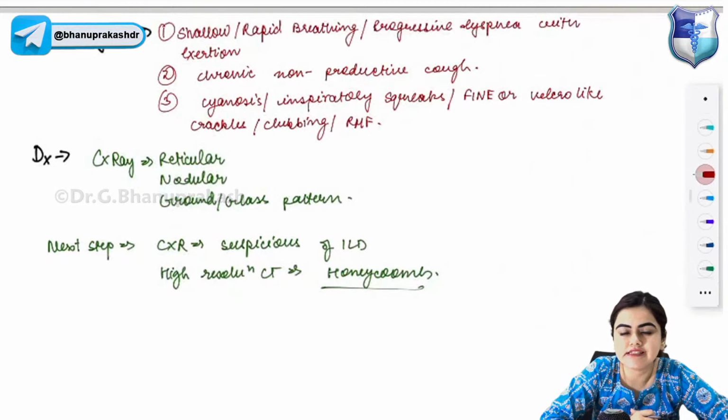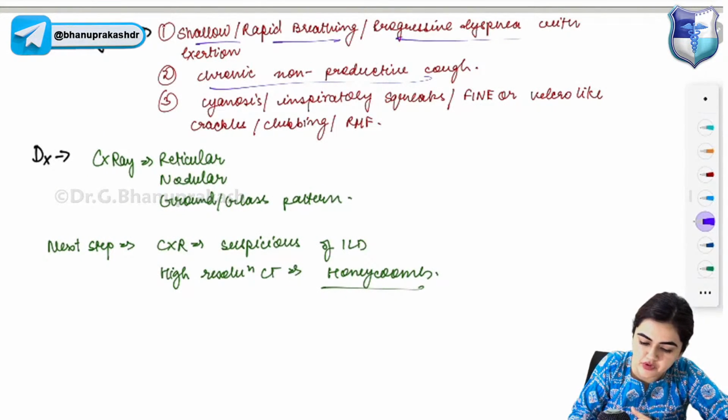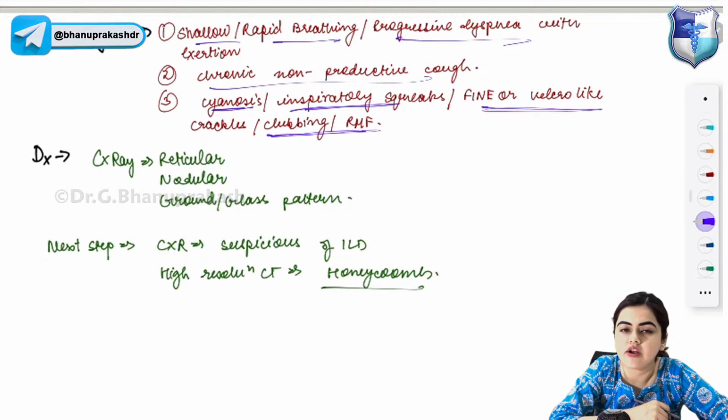In interstitial lung disease, I told you there will be stiffness of the lung. Due to the lung becoming stiff, with a lot of fibrosis happening inside, the breathing of the patient will become shallow. There will be rapid breathing, progressive dyspnea on exertion, chronic non-productive cough, cyanosis, inspiratory squeaks, fine or velcro-like crackles, and clubbing or right heart failure.